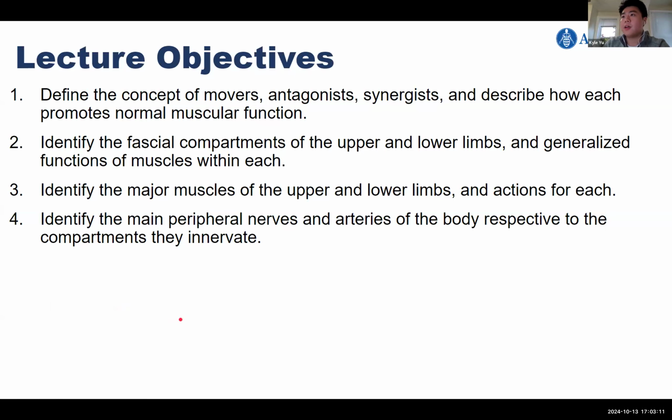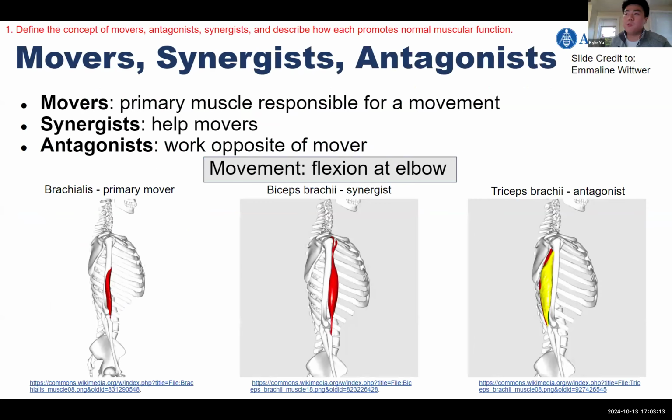And I'll start by going over and defining movers, synergists, and antagonists. So the muscles in the body obviously help you move. And so we have different classifications of muscles depending on how they help your body move. So first you have your primary movers, and those are the muscles that are primarily responsible for a major movement.